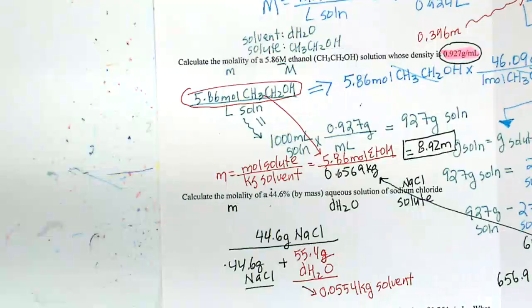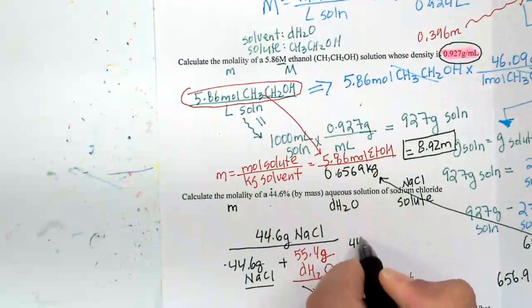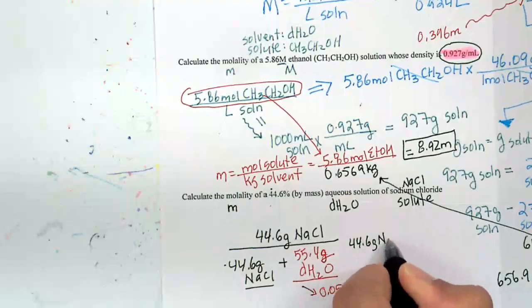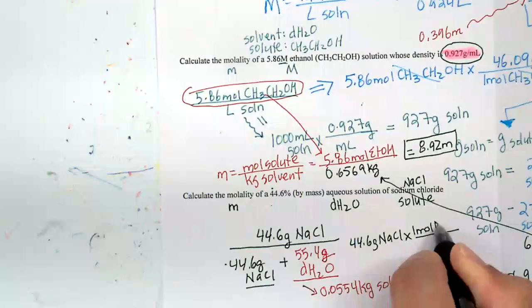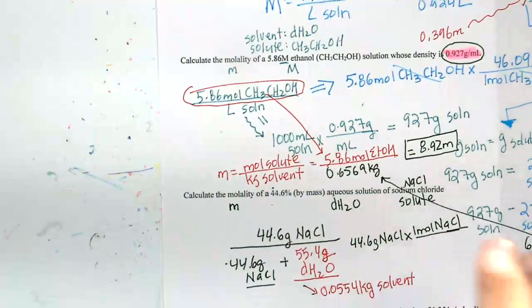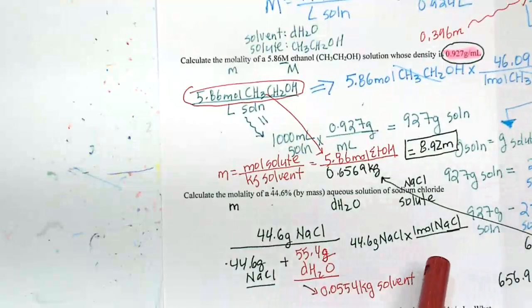Okay, let's go ahead and convert that to moles. So we have 44.6 grams of NaCl times 1 mole of NaCl contains how many grams? What is sodium? I think sodium is 23. Okay, I think I need a periodic table for this one. All right, I believe sodium is 23 point something.